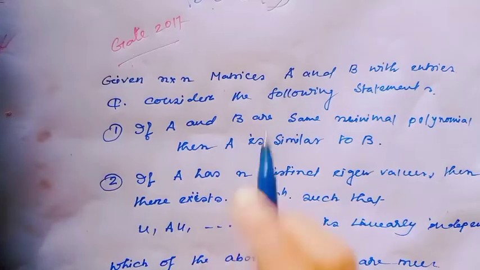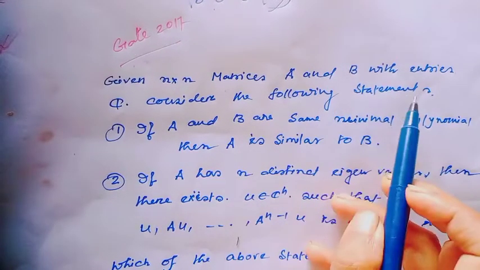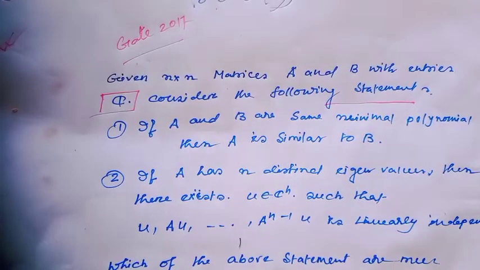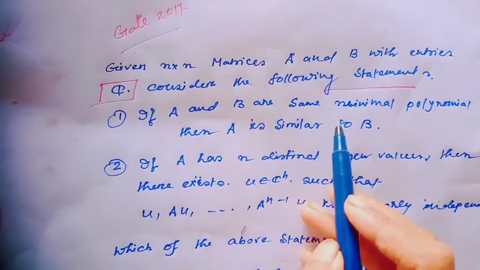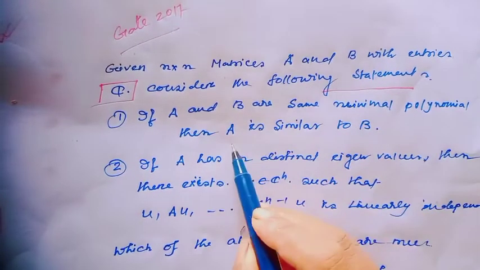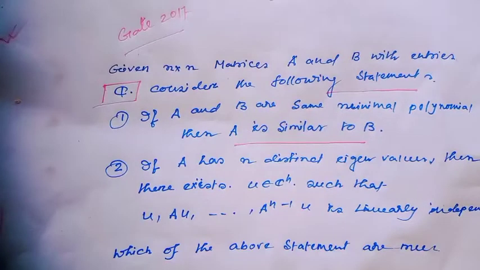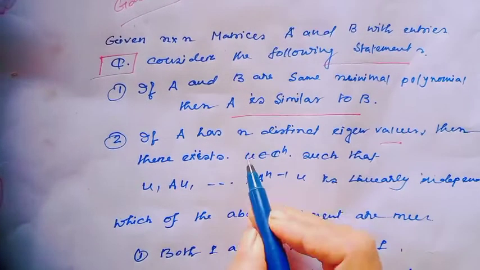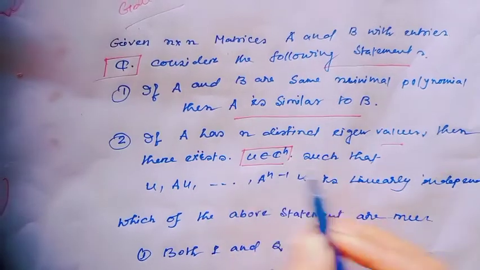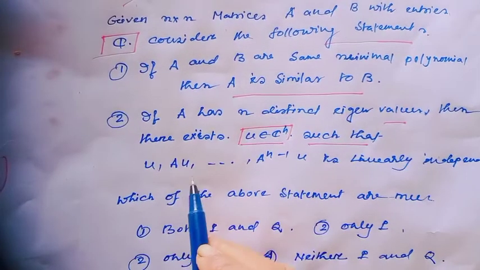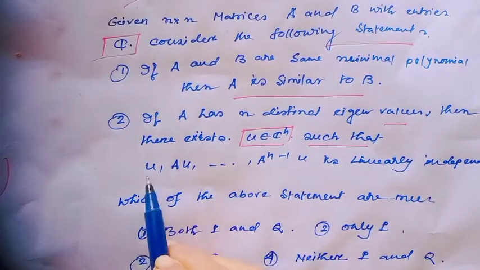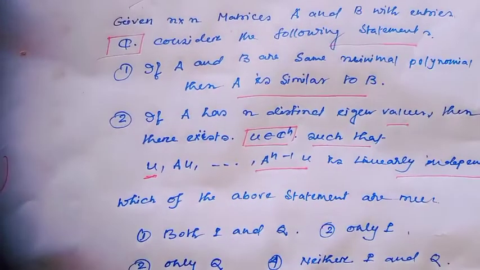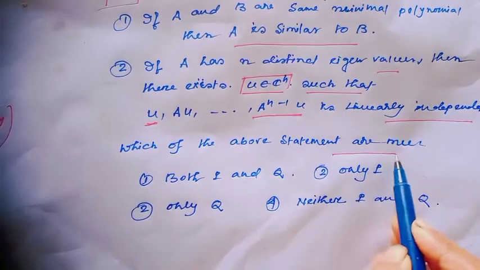The question is: given n cross n matrices A and B with complex entries, consider the following statements. P: if A and B have the same minimal polynomial, then A is similar to B. Q: if A has n distinct eigenvalues, then there exists a vector u belonging to Cn such that u, Au, up to A to the power n minus 1 u are linearly independent. Which of the following statements are true?